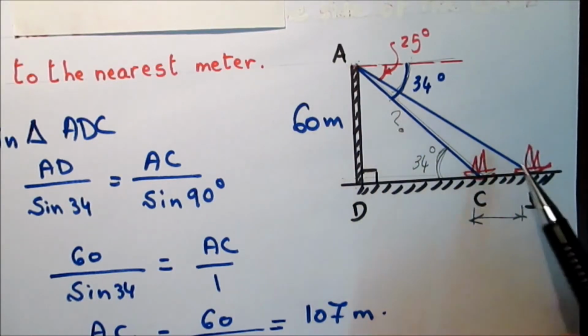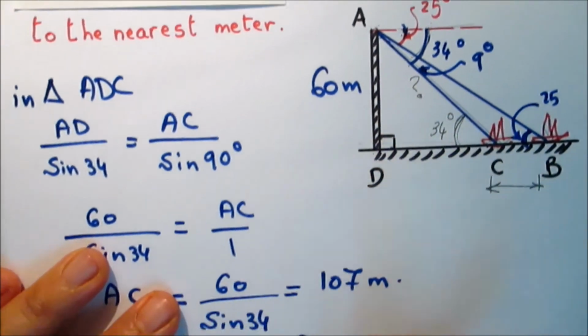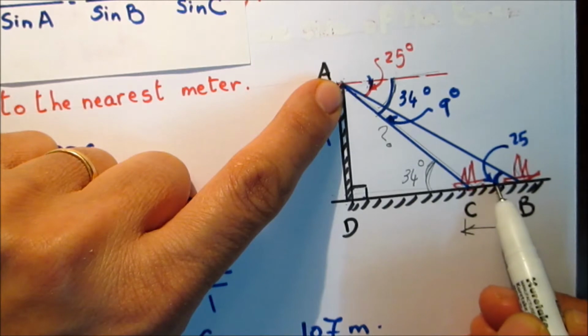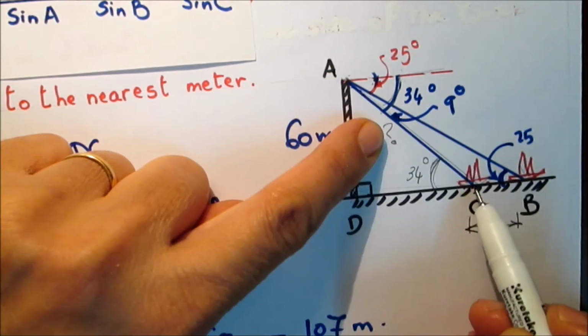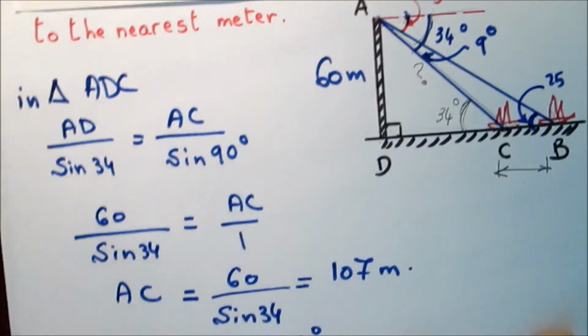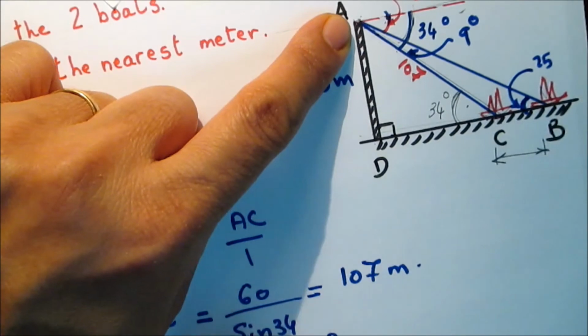Solve the triangle ABC. We know one side and two angles, so we can use the sine law. The length of the known side over the sine of the opposite angle equals the length of BC over the sine of the opposite angle, 9 degrees.